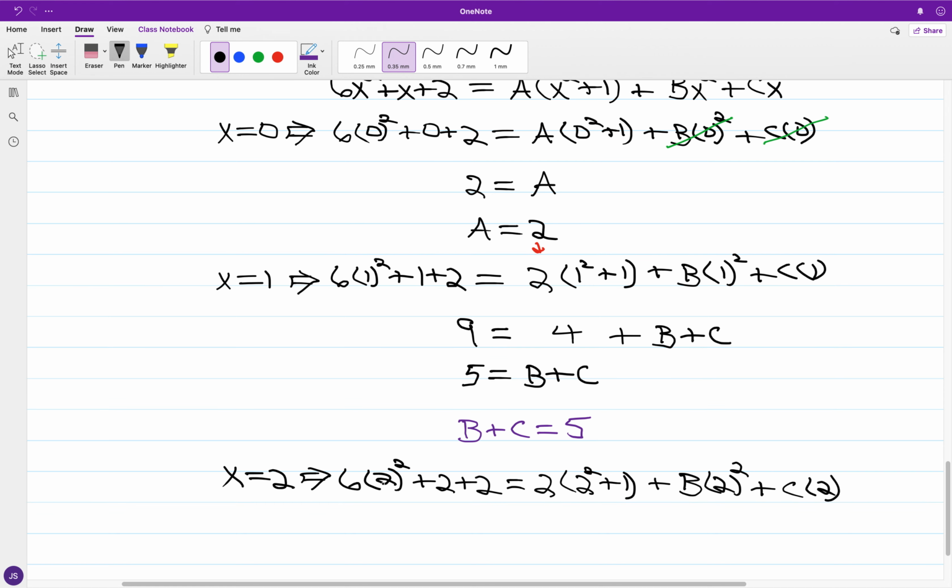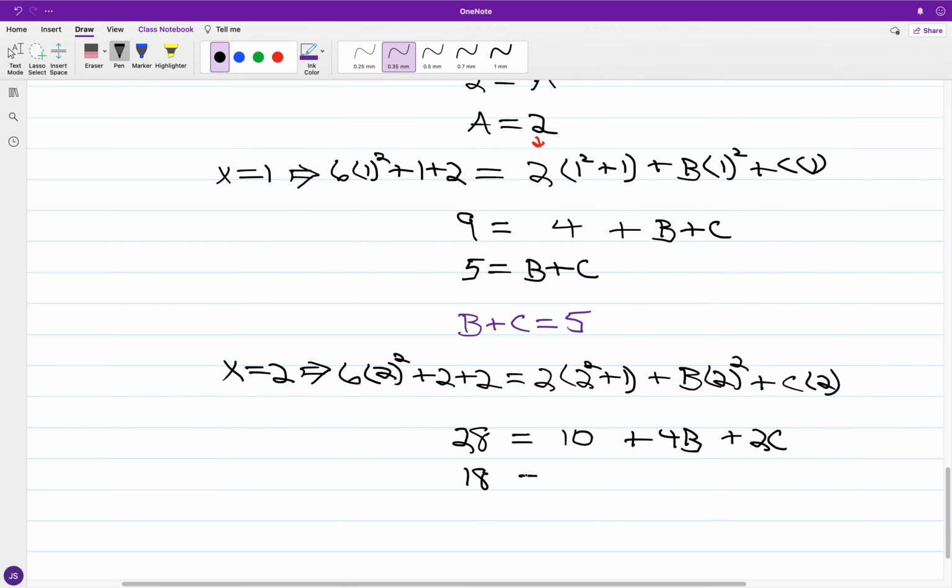Okay, so 2 squared is 4. 4 times 6 is 24, plus 2 is 26, plus 2 makes 28. 2 squared is 4, plus 1 is 5, times 2 is 10. I got 10 plus 4b plus 2c.